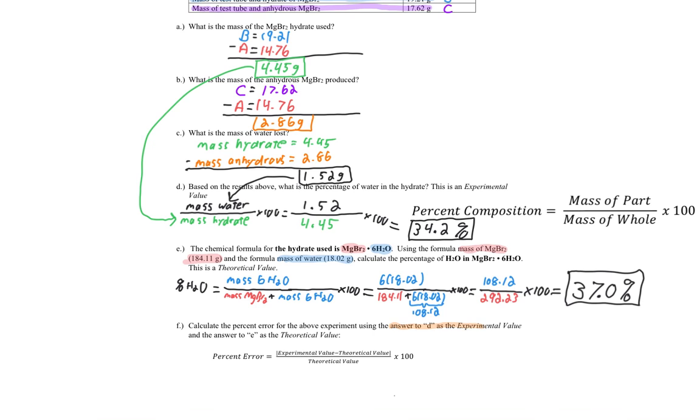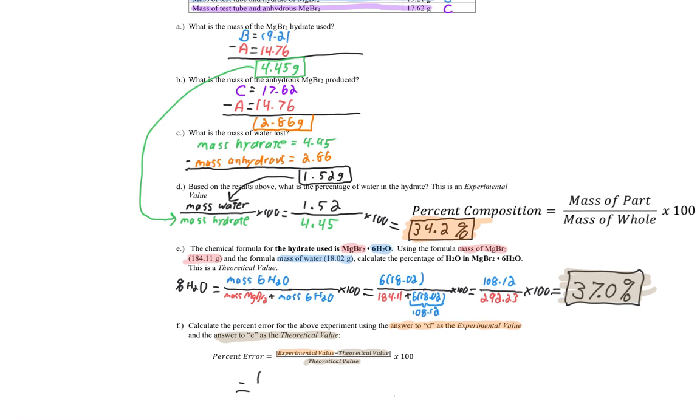So let's figure out my percent error. It's the same percent error question as we did on the last page, except this time D right here is my experimental value. 34.2 is my experimental value. My answer to E is my theoretical value, which was 37.0. So I'm now going to plug these two values into the equation.